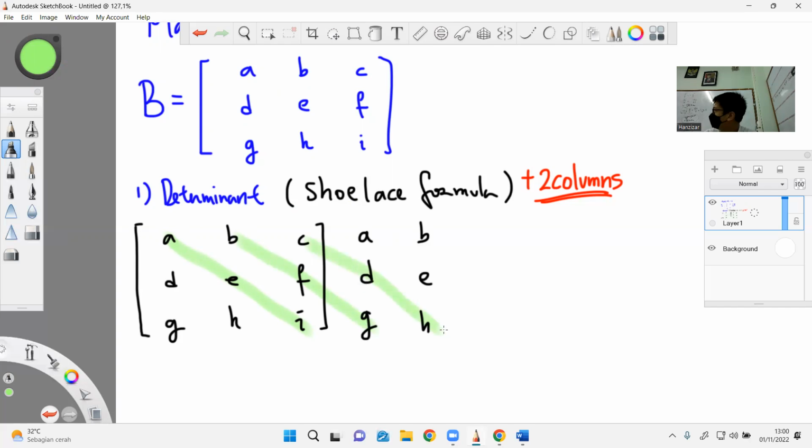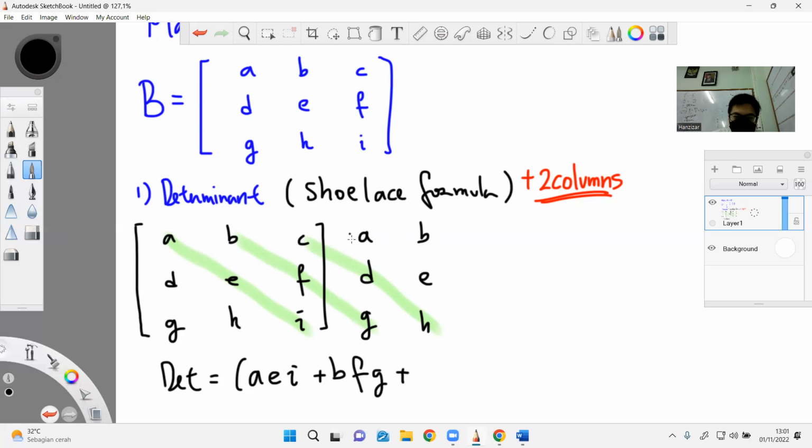So the green color. We have the total. You just multiply everything. So the determinant will equal AEI, A times E times I, plus BFG, plus CDH. Understand, guys? This is the first shoelace. And how to do the second shoelace? I use the red color.